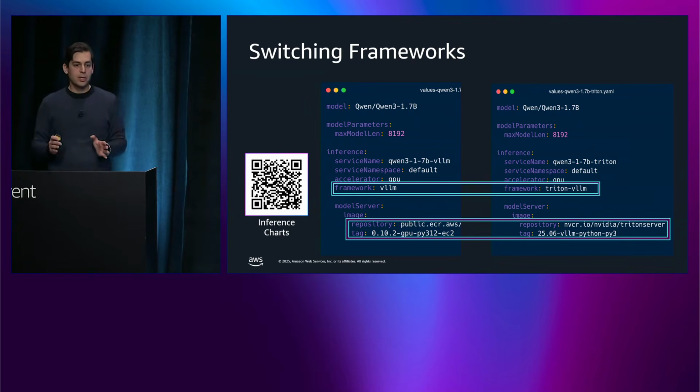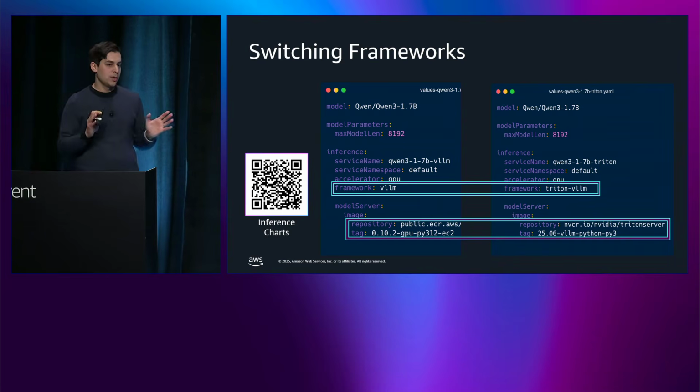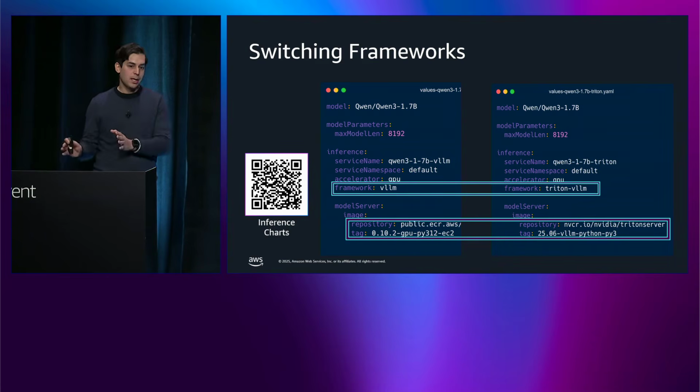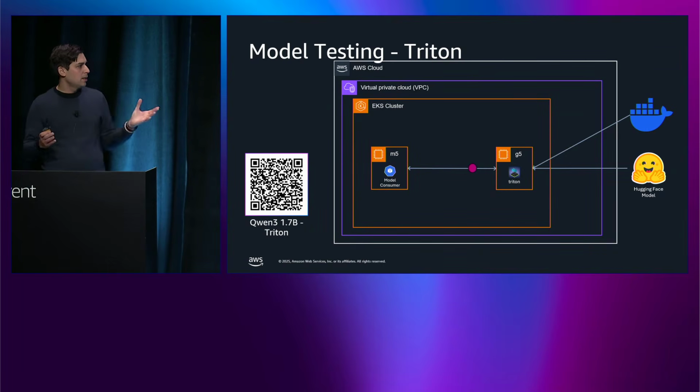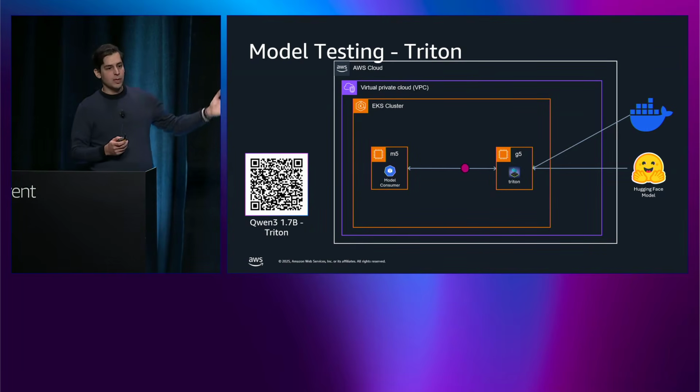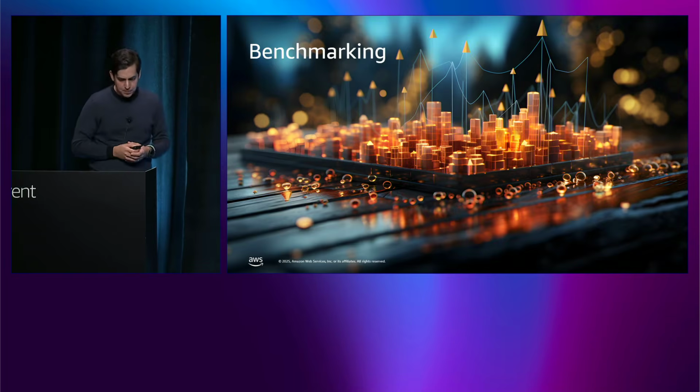Same exact configuration file otherwise, and you can deploy Triton and get a very similar endpoint other than the Triton versions, but very similar, very consistent. And then just like before, we skip a few steps, but now we have a Triton model server running up, and we're able to send and receive requests just like that.